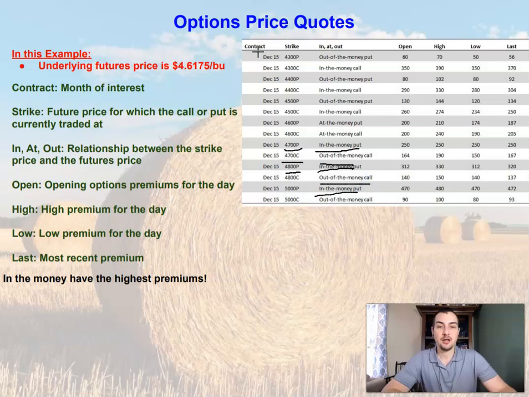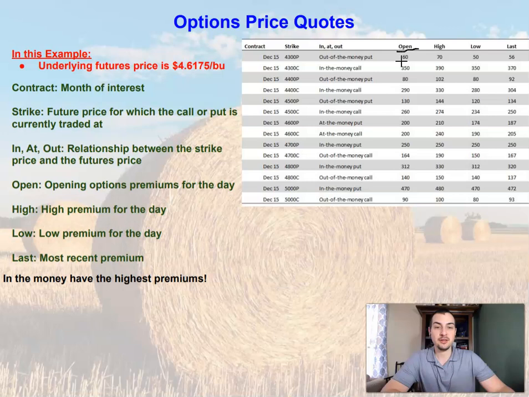So this first column shows, and now I mentioned the reason that all of these contracts are the same, because it's showing the variety of strike prices in column 2. So the next column is talking about the open. So the open is the opening option premiums for that day. So this is dealing with the option premium.